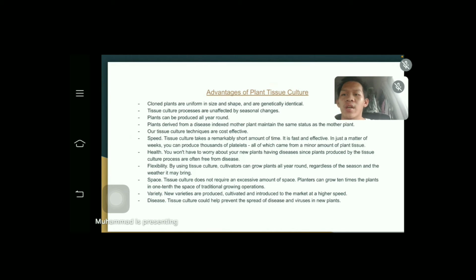And variety: new varieties are produced, cultivated, and introduced to the market at higher speed, and more.